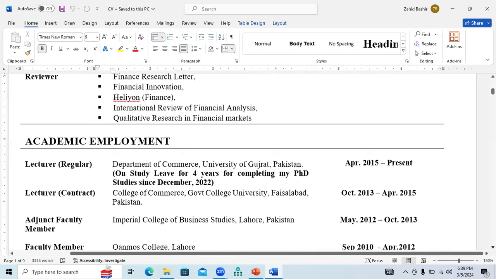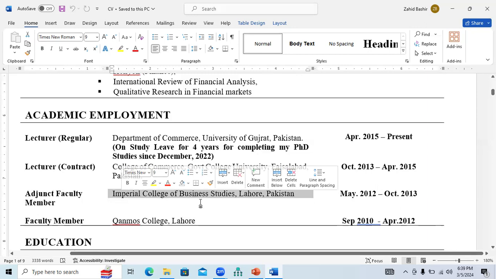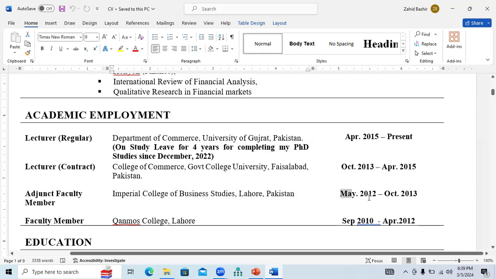Then this is my academic employment. At first, I was employed in Kenmos College. Then I joined Imperial College of Business Studies as an adjunct faculty member for the area of finance and investment during 2012 to 2013.